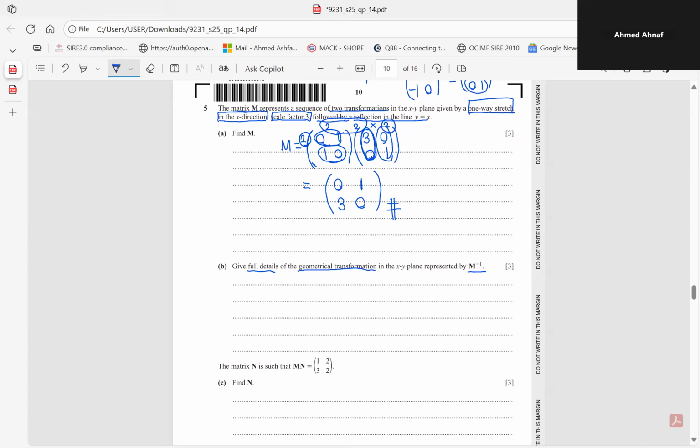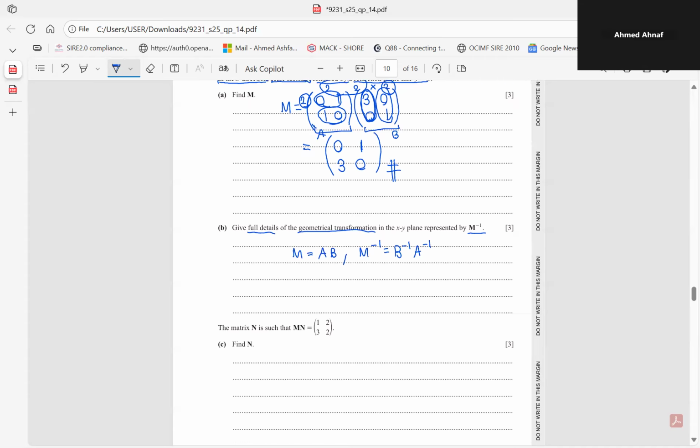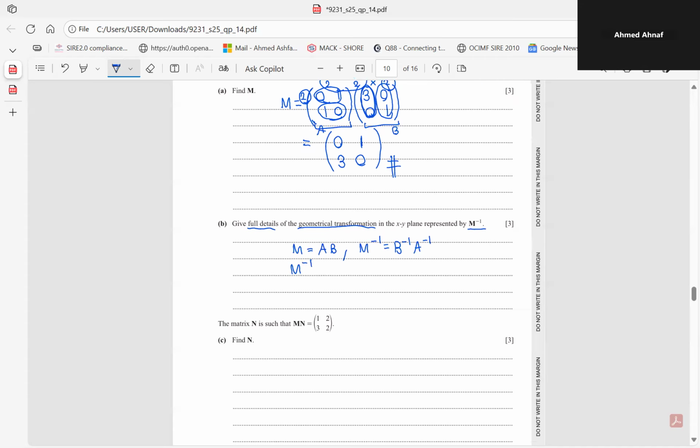Since we know that M is equal to these two matrices, we'll let this be A and this be B. So M is equal to BA. Hence M inverse is A inverse B inverse, using this relation. So again, it's opposite.